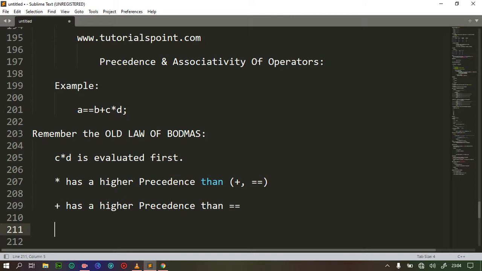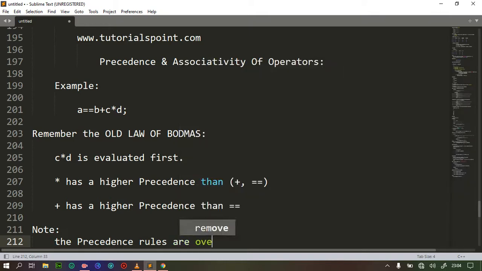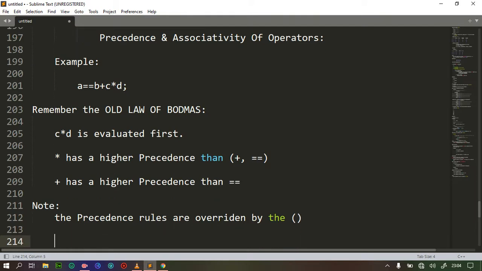But not the precedence rules. The precedence rules are overridden by the brackets. Hey, guys, back again to the old law.